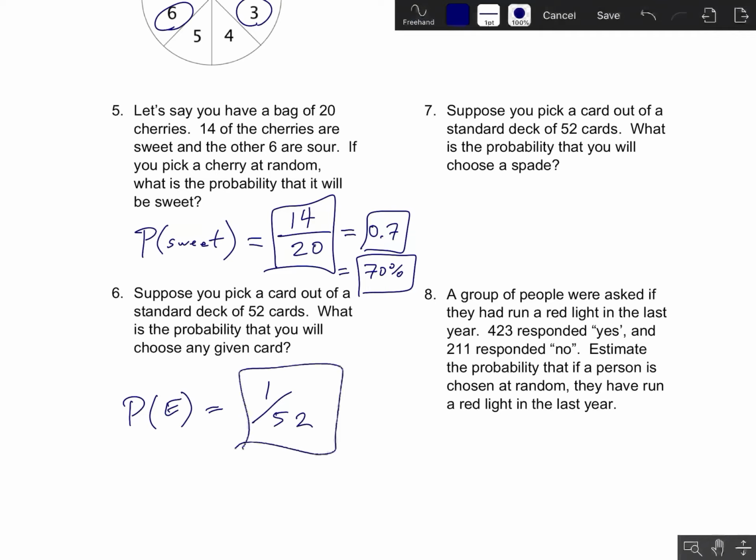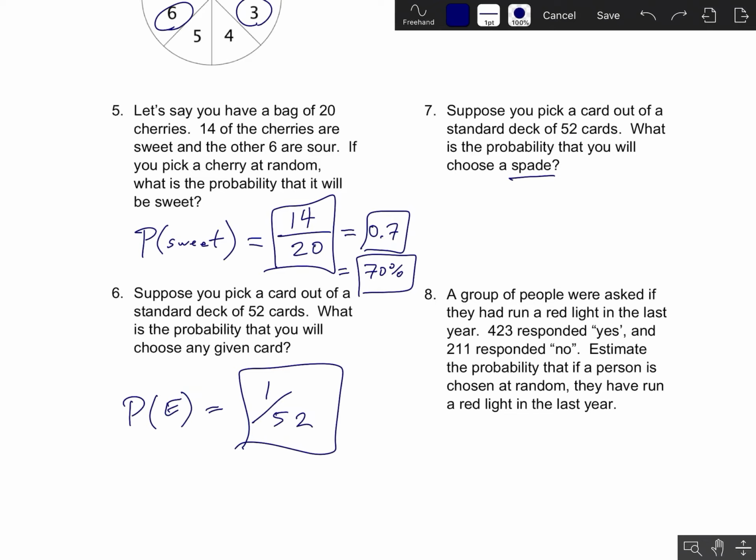In 7, suppose you pick a card out of a standard deck of 52 cards. What's the probability that you will choose a spade? So notice that there are still 52 possible outcomes, but this time we're happy with more than one outcome. So we're happy with any of the spades. There are 13 spades in total. So there are 52 cards in a standard deck.